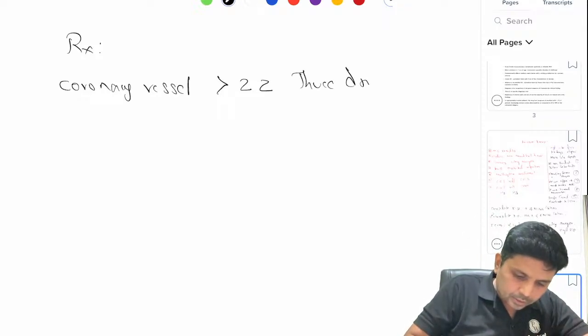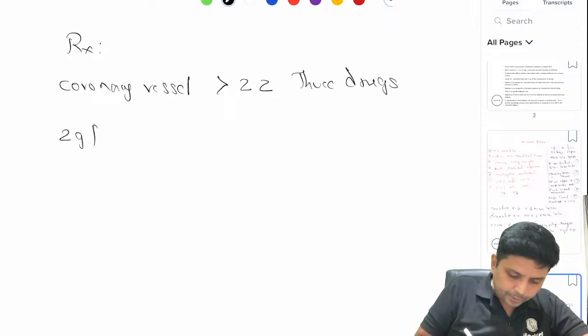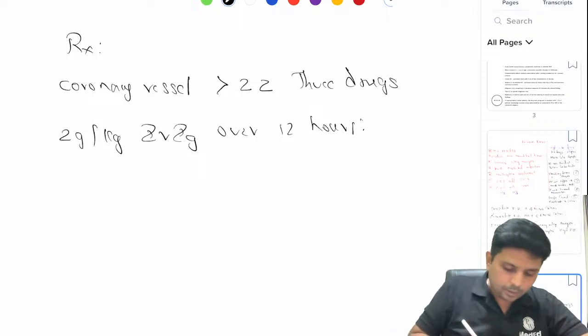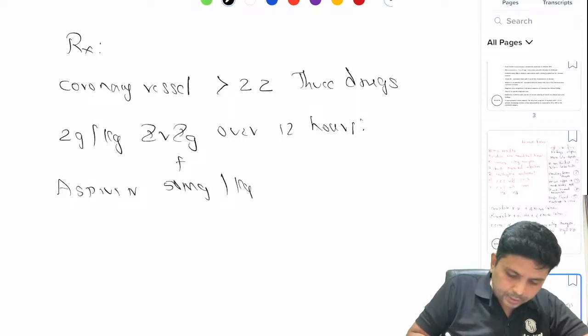One is 2 gram per kilogram IVIG over 12 hours, plus aspirin 50 mg per kg per day till the child becomes afebrile.